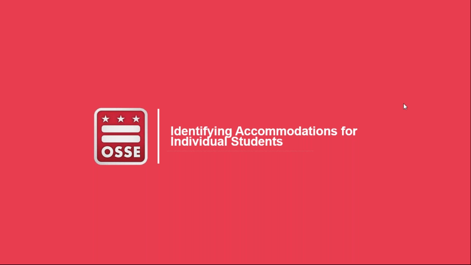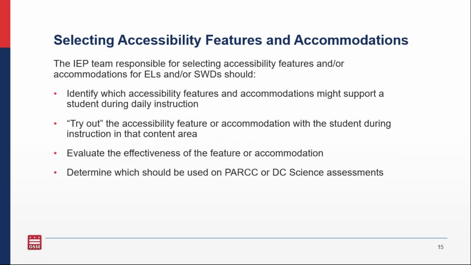Our next section is identifying accommodations for individual students. When selecting accommodations and accessibility features, the IEP team is responsible for selecting those features and accommodations for English learners and students with disabilities.